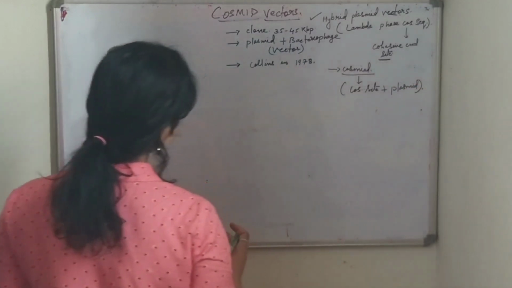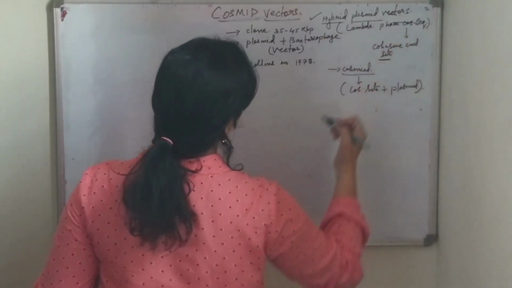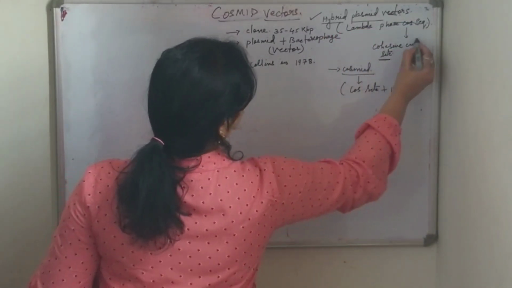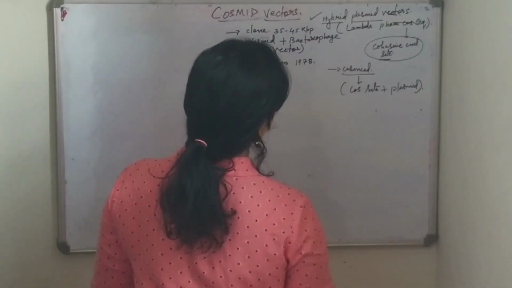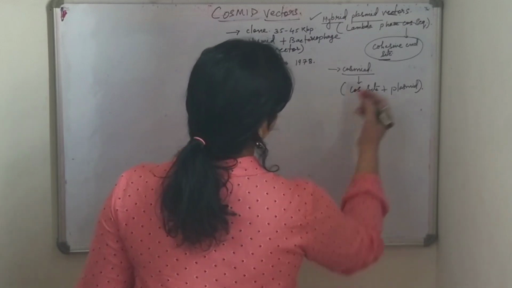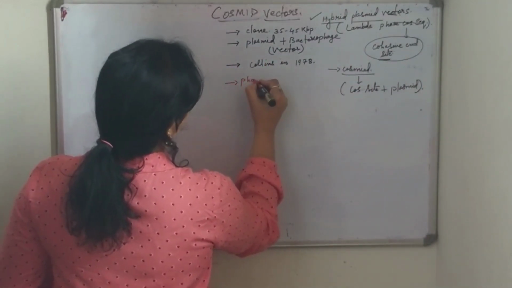This is a type of hybrid plasmid vector that contains the cohesive end site, and this cohesive end site is the sequence of the bacteriophage genome.